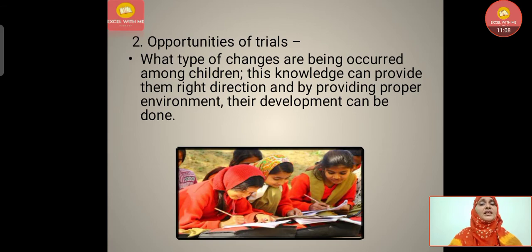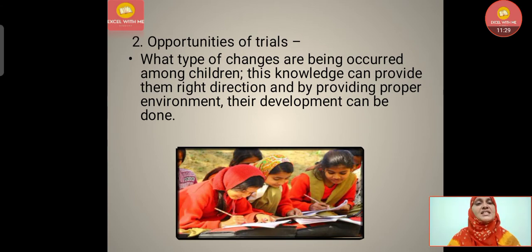The second one, opportunities of trials. What type of changes are occurring among children? This knowledge can provide them the right direction, and by providing a proper environment, their development can be done. Just now we understood heredity and environment; the interplay between these two is human development.